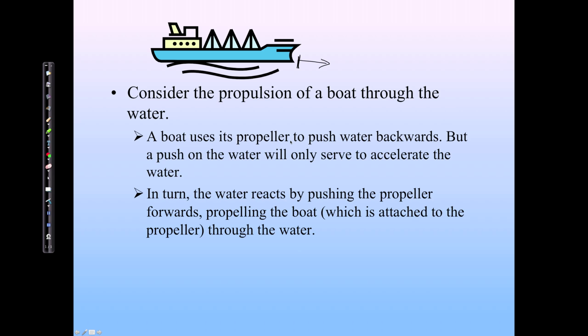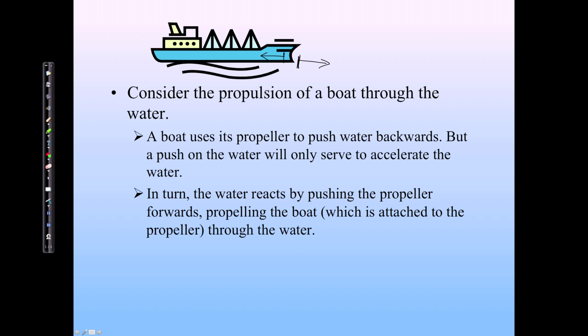What actually does move the boat forward is the fact that when you push the water backwards via the propeller, the water pushes back on the propeller forward. And so the boat pushes on the water backward, the water pushes back on the boat, pushing it forward and making it go.